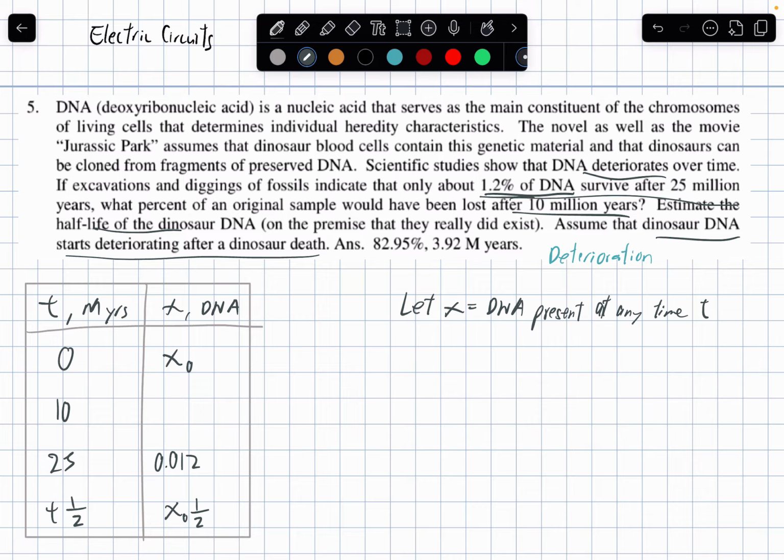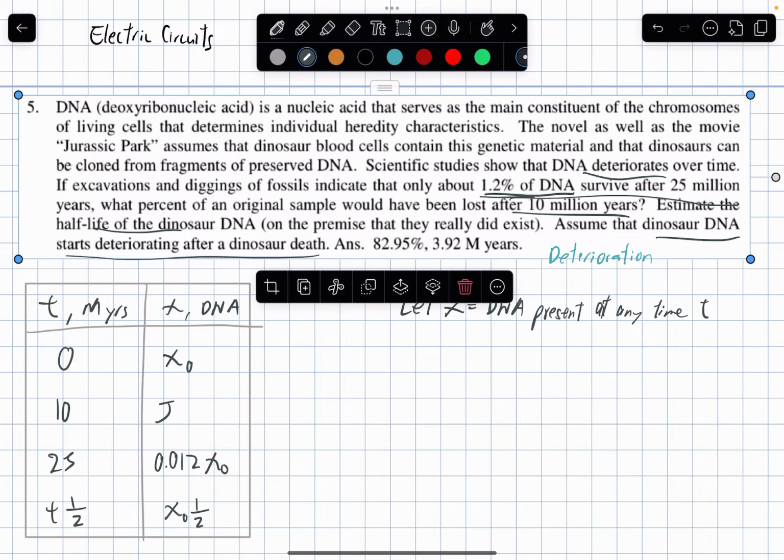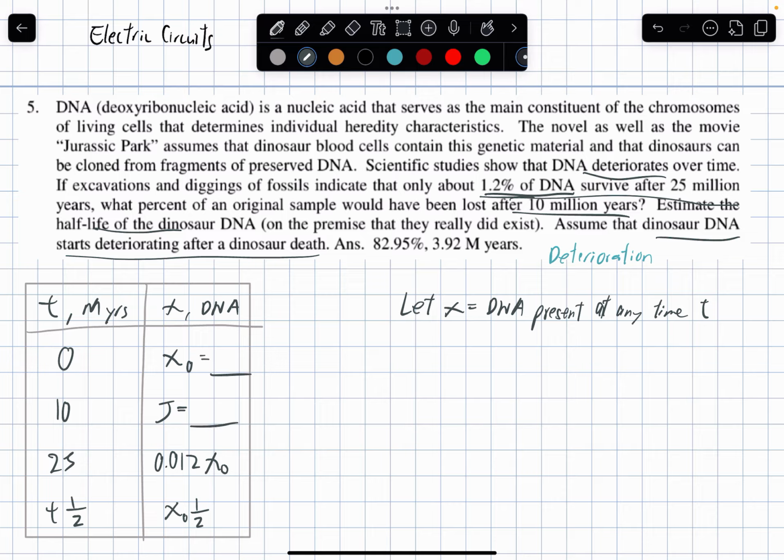Basically, if you want to remove the percent, you divide it by 100. So that becomes 0.012 times x sub 0. What percent of an original sample would be lost after 10 million years? This we don't know at all. Let's abbreviate this as J, no? We don't know their values. All of these.